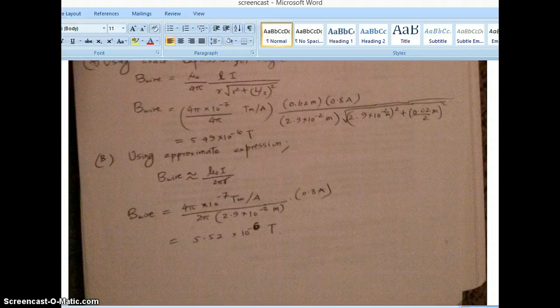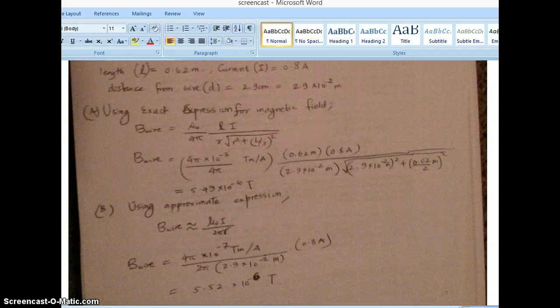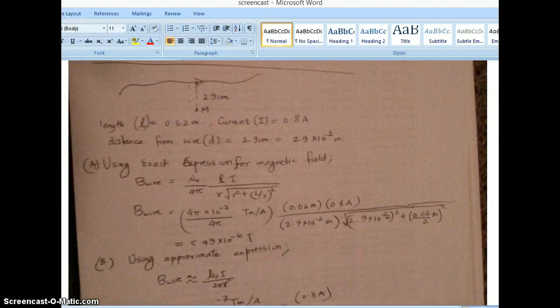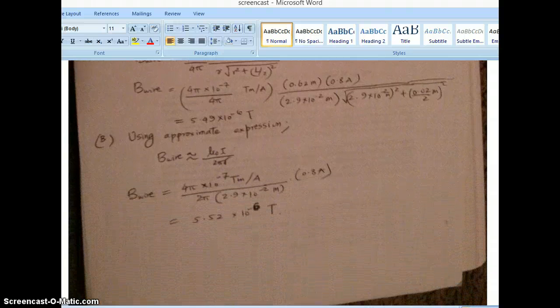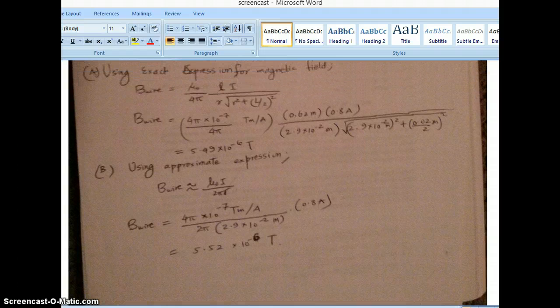So we're done with finding the field of the wire using the exact formula. Now the other method is using the approximate expression. This method is not exact because we are eliminating some of the terms, which could give a different value from our exact expression.